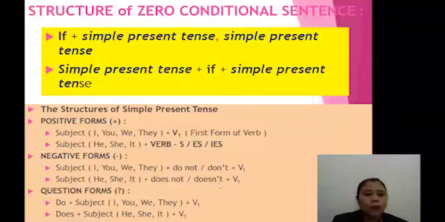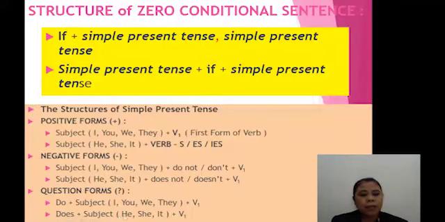And then the question form is auxiliary verb do, plus subject with the subject I, you, we, they, plus verb 1. Or if the subject is he, she, it, we use does and then subject and then verb 1.